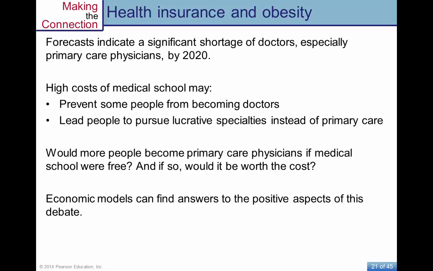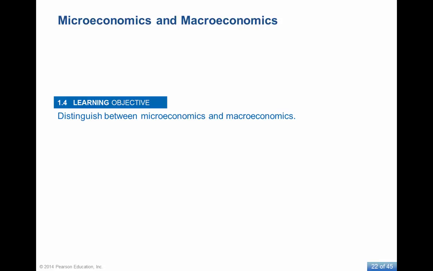Would more people become primary care physicians if medical school were free? And if so, would it be worth the cost? Economic models can find answers to the positive aspects of this debate.